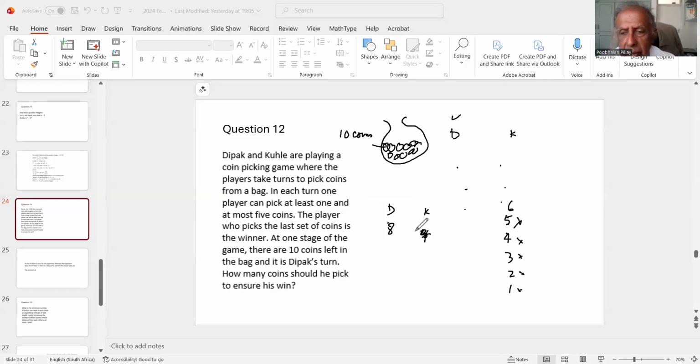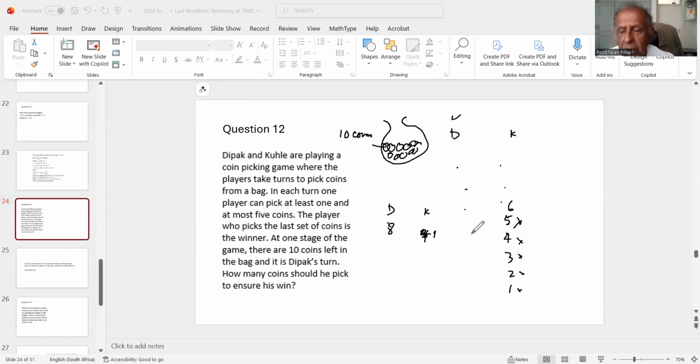So if Kushla takes 1 from here, then Deepak will take 5 from there. So you can't leave him with any one of these. Therefore from the 10, he must take at most 4.